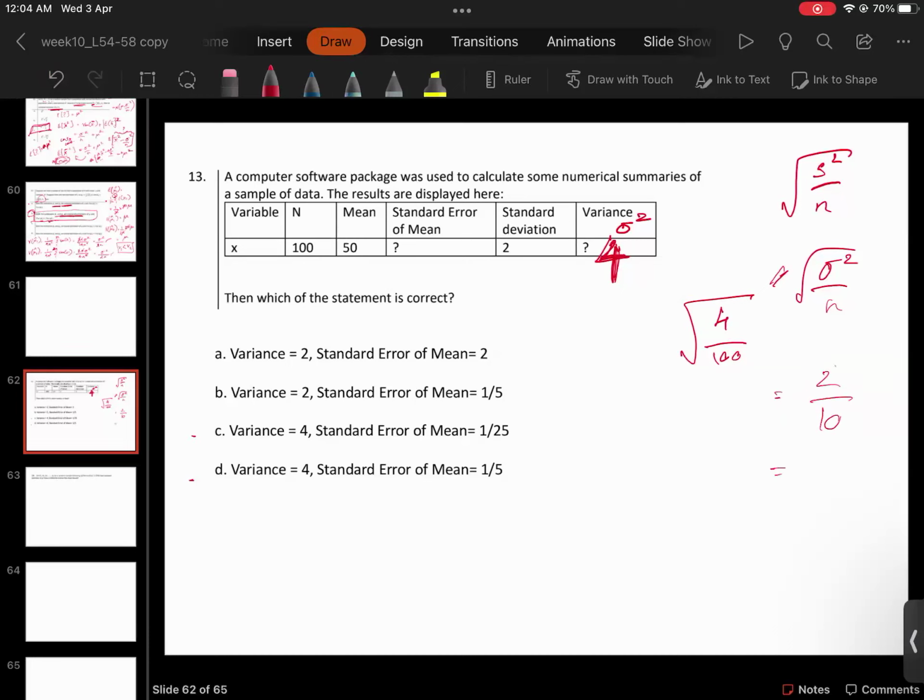Excuse me, ma'am. Here variable n is equal to 100, no, ma'am? It is pertaining to the population, capital N. But you are taking sigma square by n. Sigma square is for the variance of population, and s square is for sample variance.